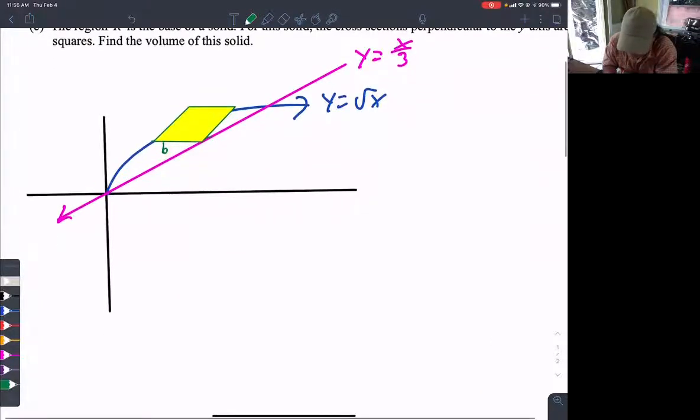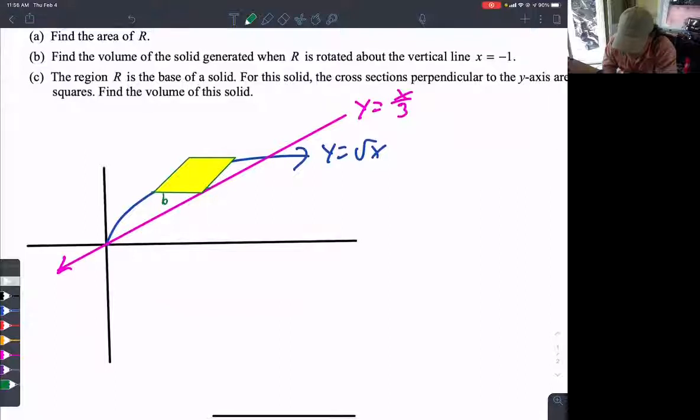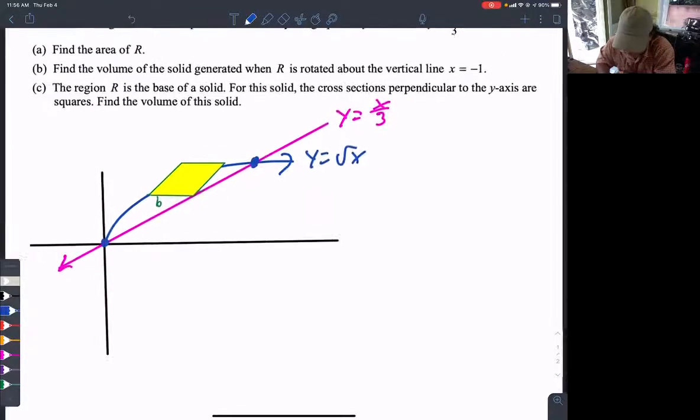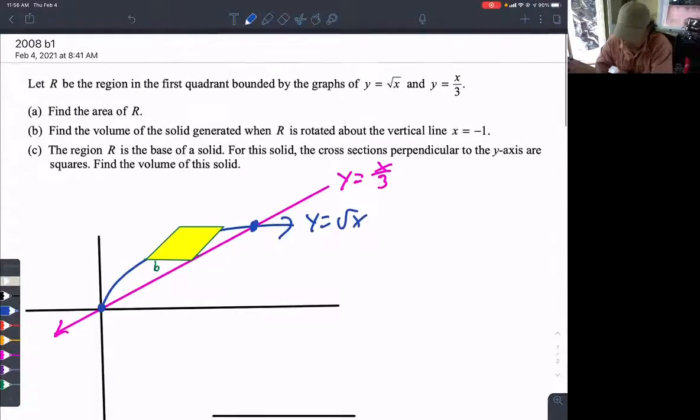So here we go. First of all, this is a calculator problem. So you do this on your calculator and I will show you. We need to find that intersection point and that intersection point. And so part of your points will be describing those.